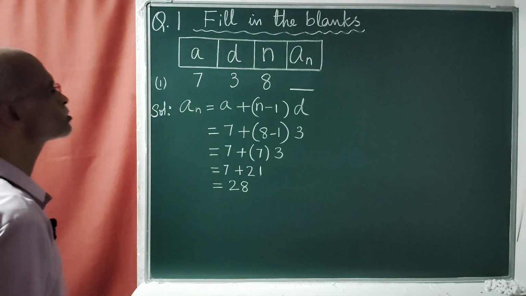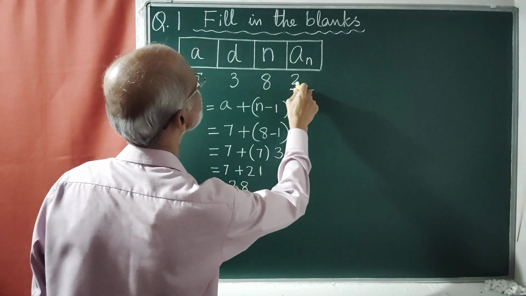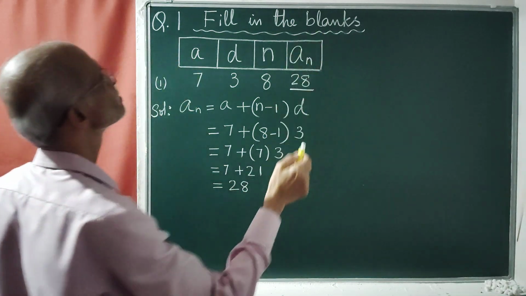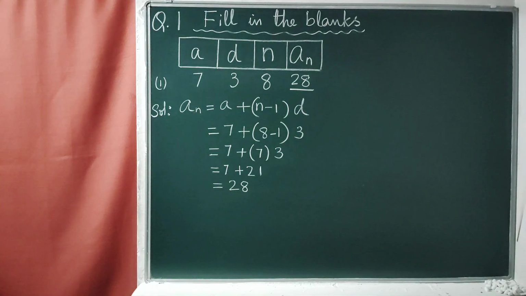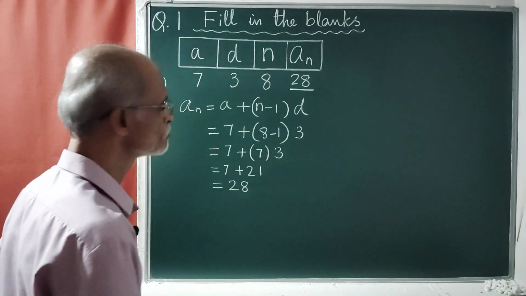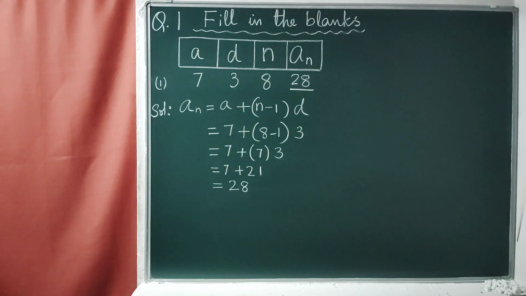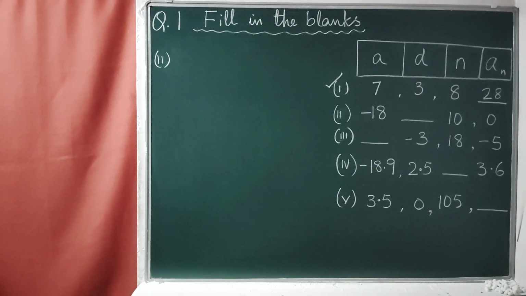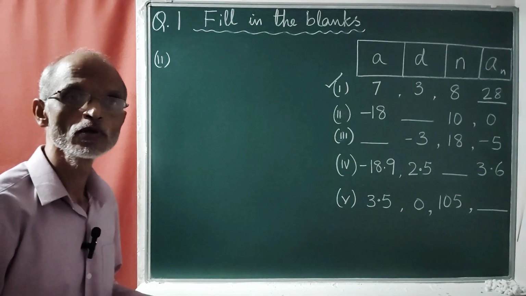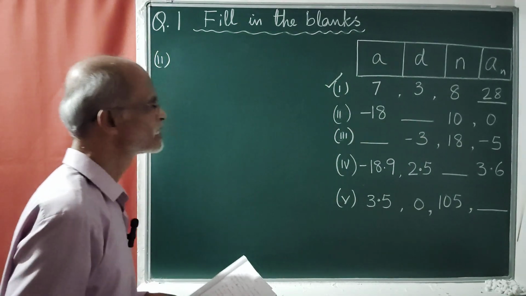So value of AN is 28. So the blank is filled with 28. So now the first one has been done.